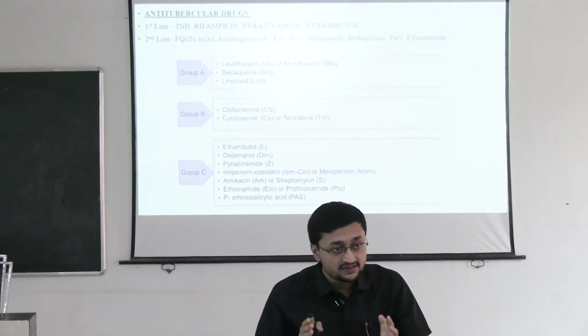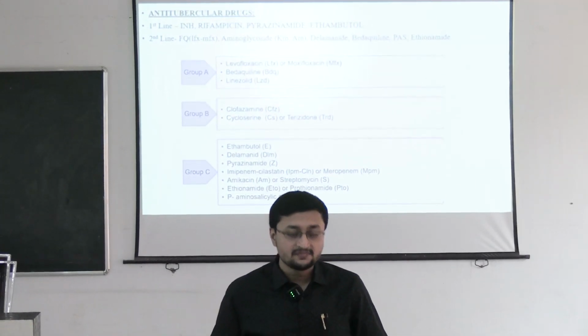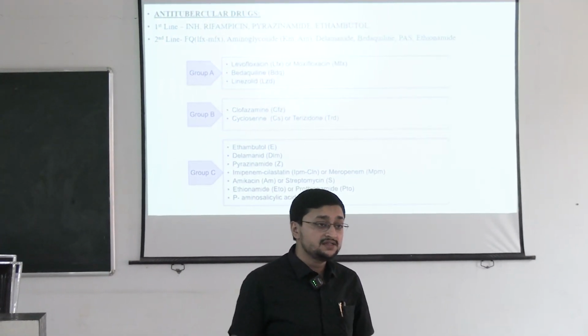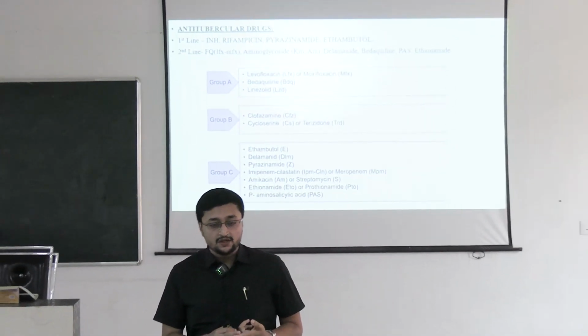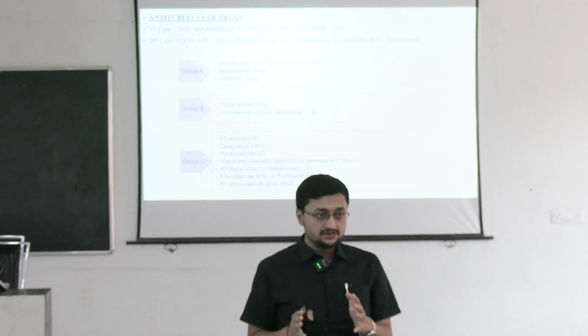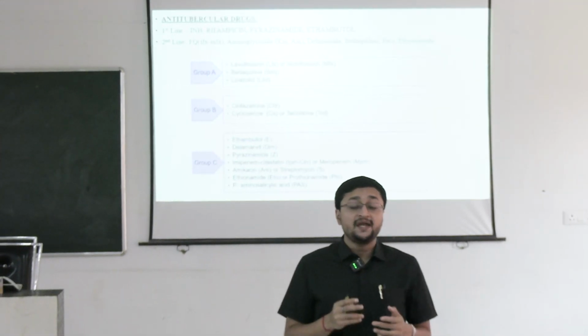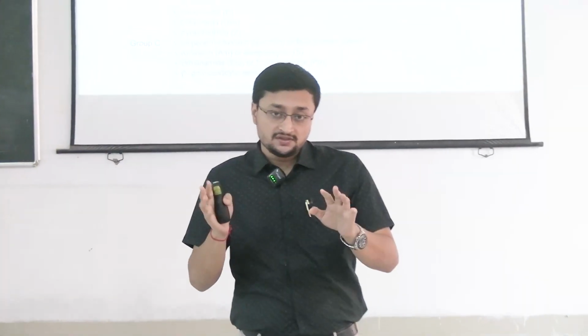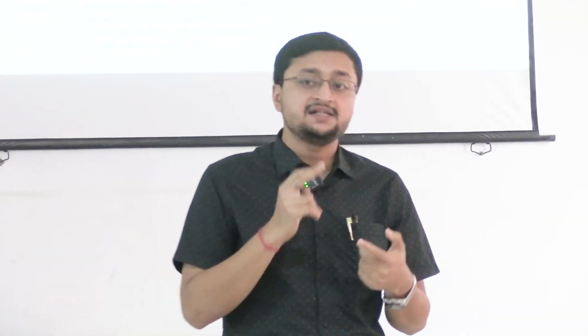What does isoniazid inhibit? Yes, mycolic acid, very good. How does it do this? So isoniazid is an inactive form, right? It is converted into isonicotinic acid, the active form, with the help of catalase peroxidase. The gene responsible for that is the KatG gene.